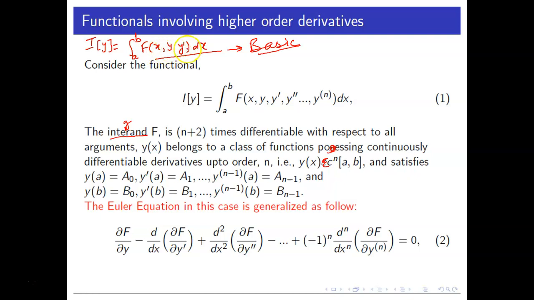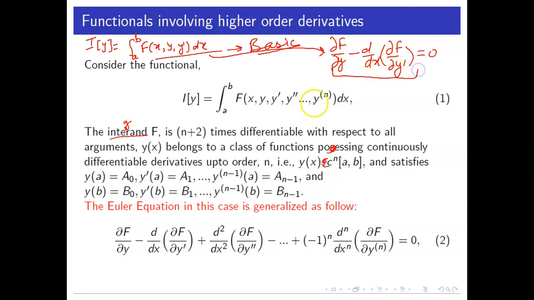y' is the derivative of y, meaning we have only up to first order derivative. For this case, the basic Euler equation is ∂f/∂y minus d/dx of ∂f/∂y' equal to 0.